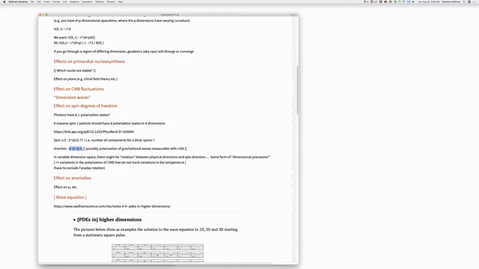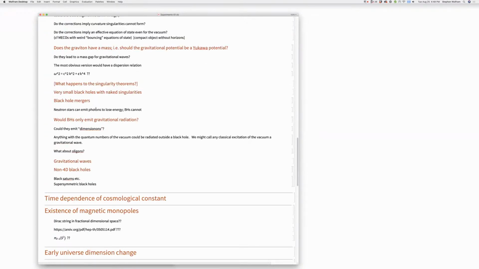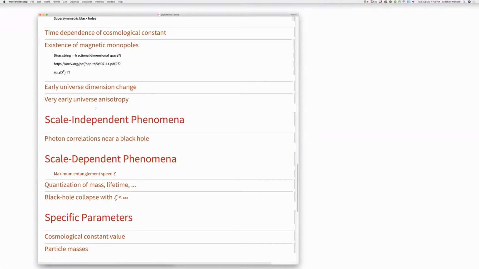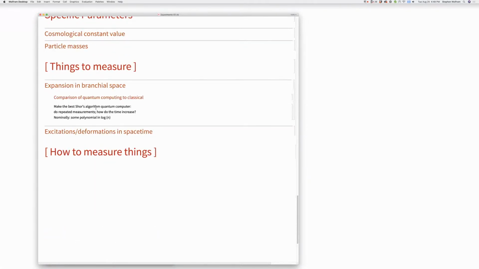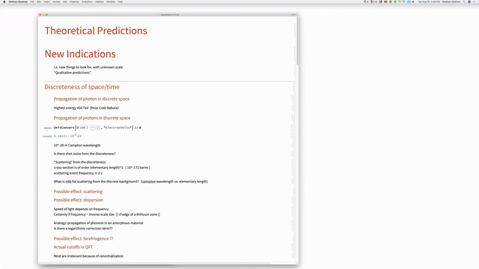Yes, but counting degrees of freedom in gravity is always difficult because it depends on whether you are using a Hamiltonian method, Lagrangian method, if you're counting gauge degrees of freedom or not, how many coordinates there are. It's complicated. Right.